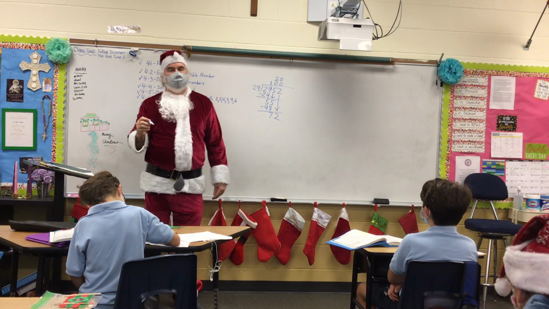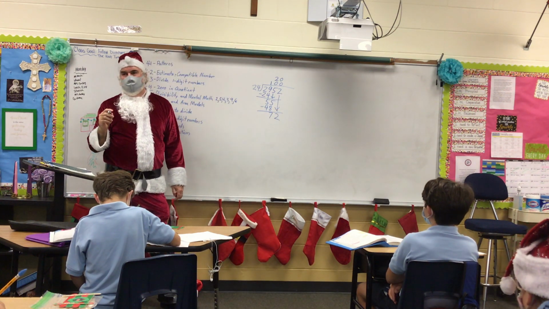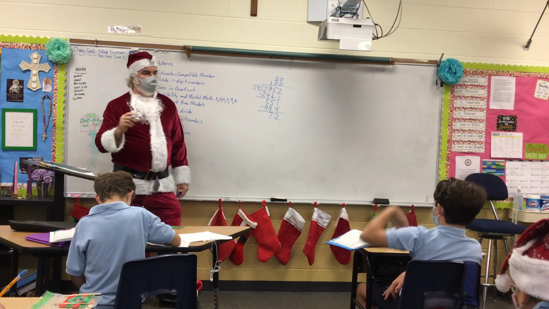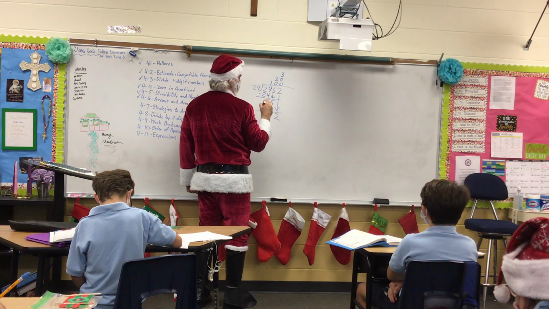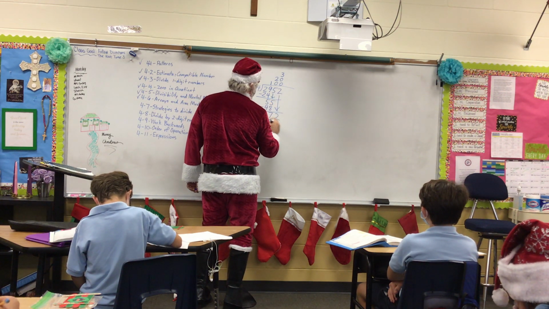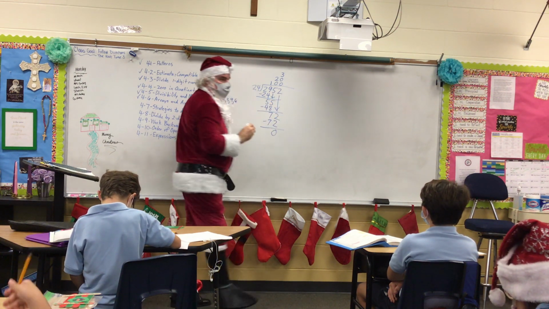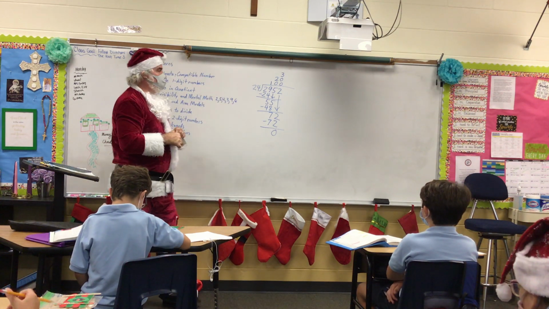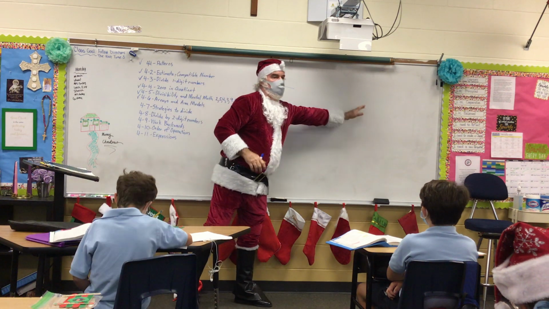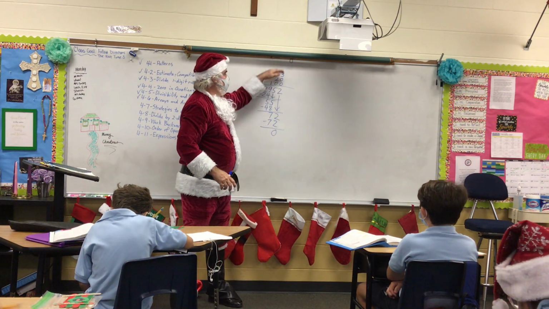Now we're putting 24 into 72. 3 times. And that 3 goes up there. And it's 72, subtract, you ended up with 0. Okay? This was the next strategy. Instead of going across with it, we went up and down.